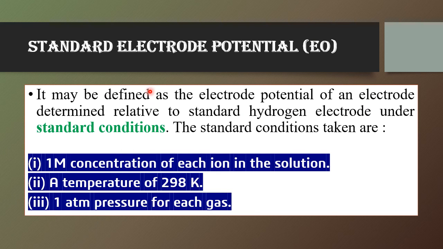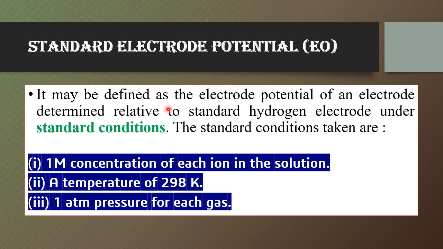Standard electrode potential. Electrode potential, we already observed, is the capability of an electrode to undergo oxidation or reduction, to either gain or lose electrons. So the standard electrode potential is basically the electrode potential which is measured under standard conditions. Which type of conditions?